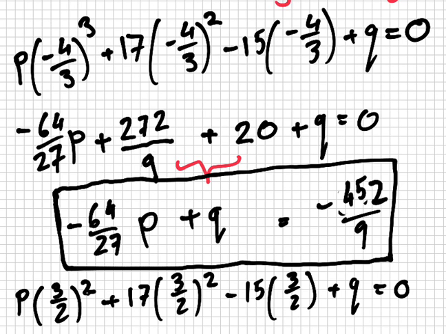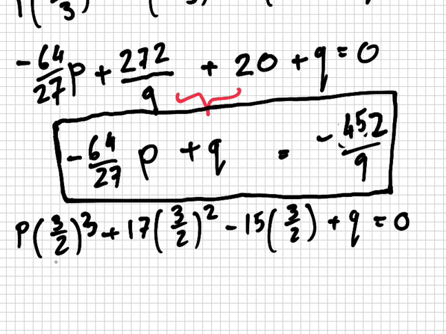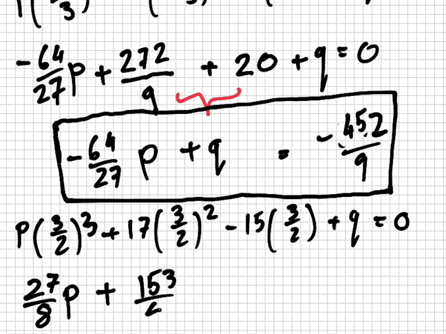That's a cubed. 27 over 8 p. Okay, so what's this next one? 153 over 4. Okay, the next one is minus 45 over 2 plus q equals 0, isn't it?